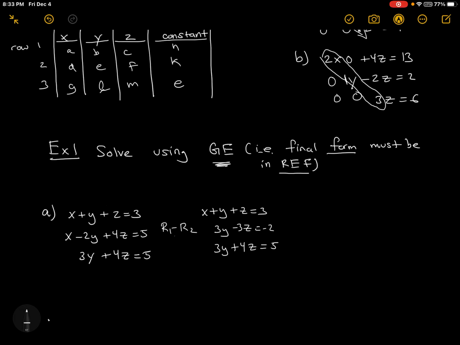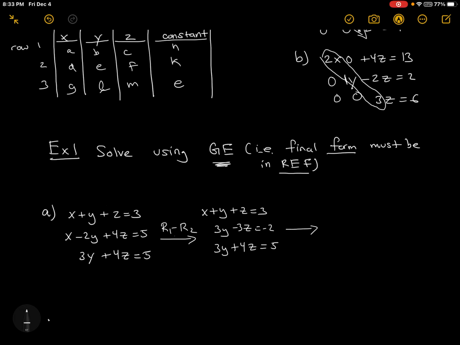All right, so the next thing I want to do is take a look at this last equation, 3y plus 4z is equal to 5. And I want to get rid of this 3y. That way my 4 can be to the right of this 3 in row number 2. So the way I get rid of that is you can simply subtract row 3 from row 2.